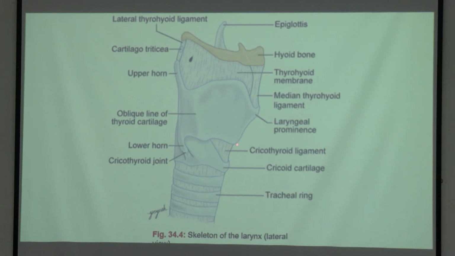Over the membrane we can get the cricothyroid muscle, which when it contracts, the thyroid cartilage comes forward, and when it contracts from above, the cricoid cartilage is tilted backwards.